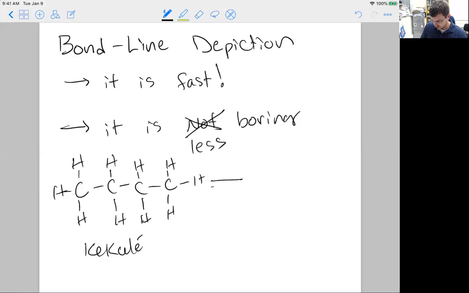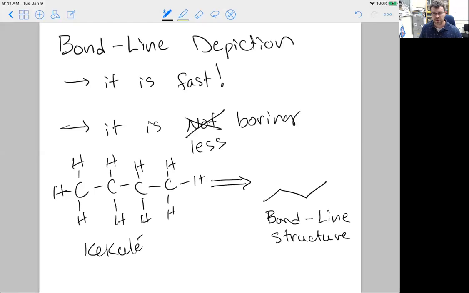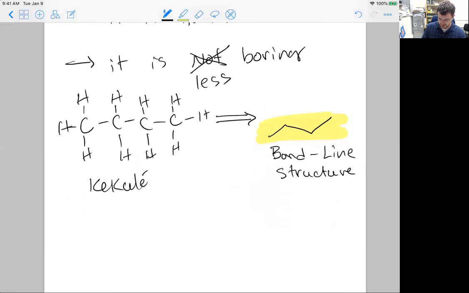What I'm going to do is redraw it as a bond line structure. Okay, a bond line structure. This is butane. What is butane, you might be asking? So I'm going to highlight it here. This lightning bolt looking thing is butane. Okay, so what is going on here?